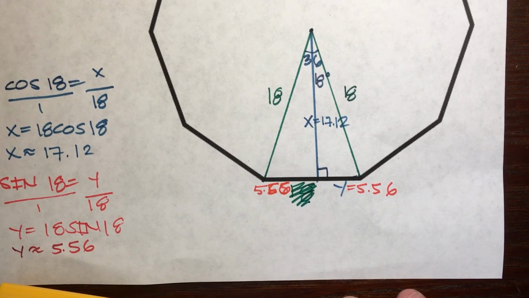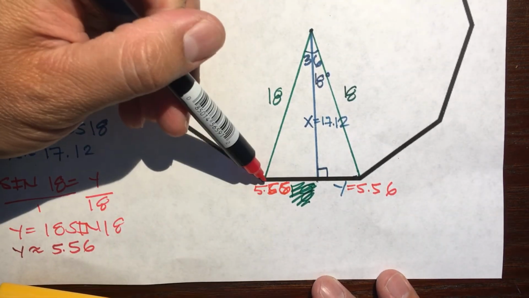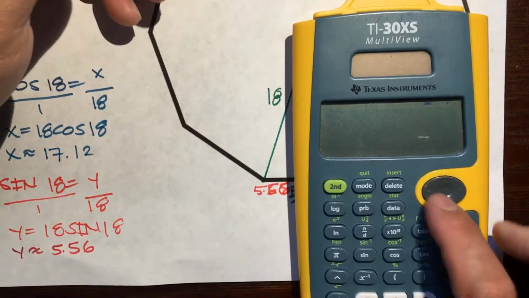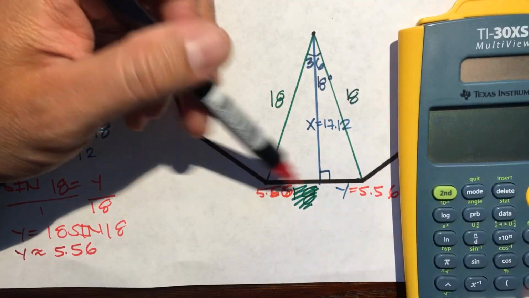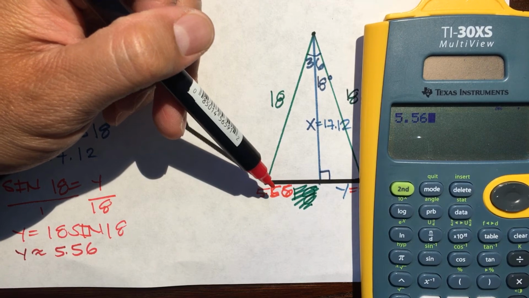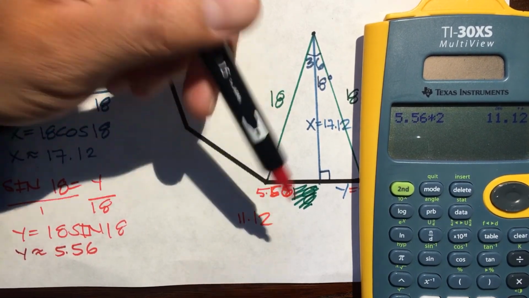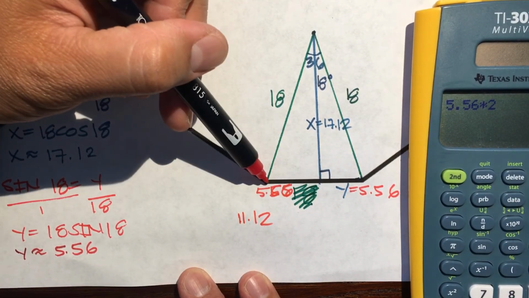Okay, so now we have everything to find the area of this one triangle, which is our base, which is 2 of these 5.56. Remember, we want this entire base. So what we're going to do is take 5.56, multiply that by 2, which is 11.12, which is the length of this entire base.